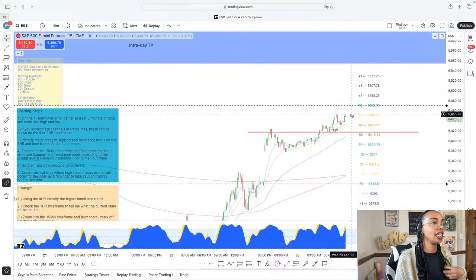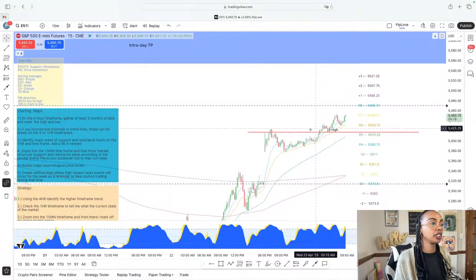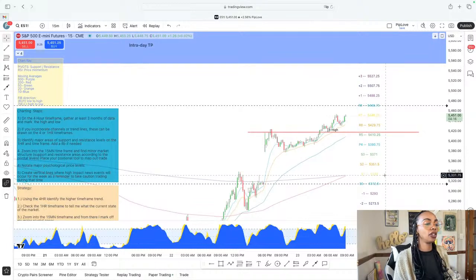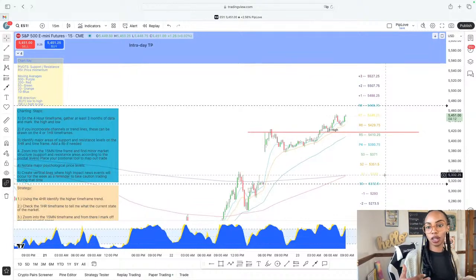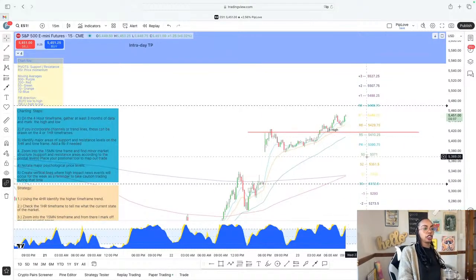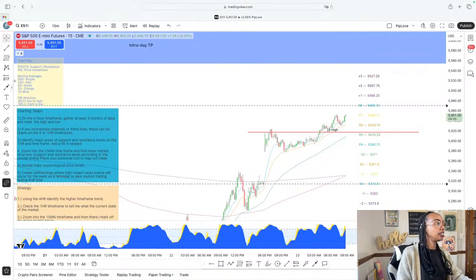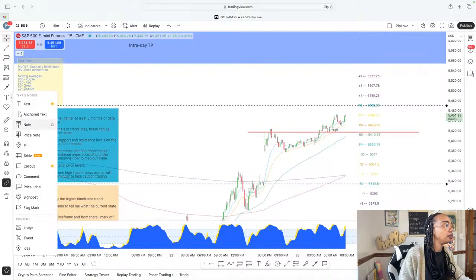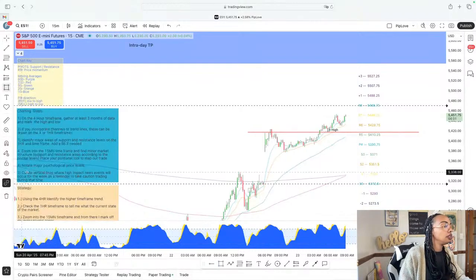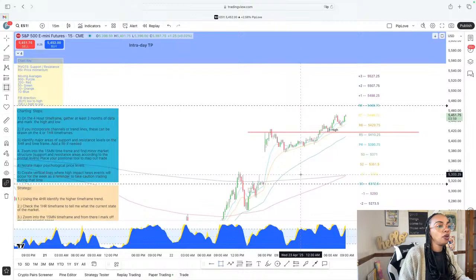So we already know that if we're looking for a pullback and the market's going to sell, we're looking for the market to give us a break of that lower structure. Remember, making a lower low and breaking structure, that's where we have our sell take profit area. If you want me to repeat that again, let me know in the chat.